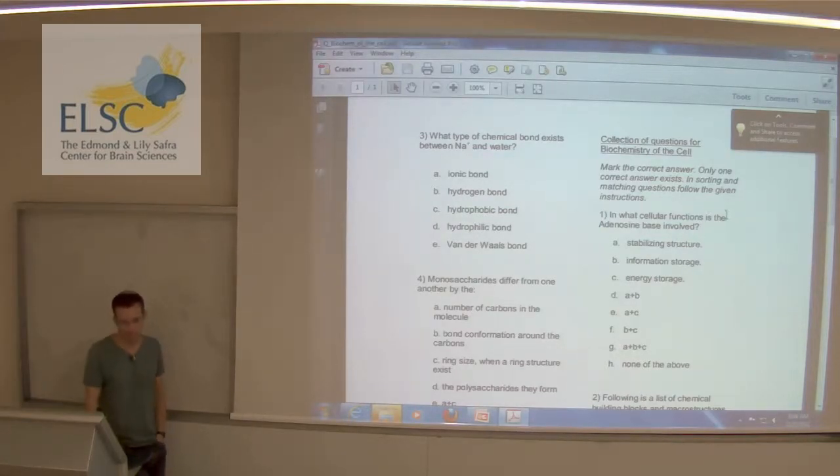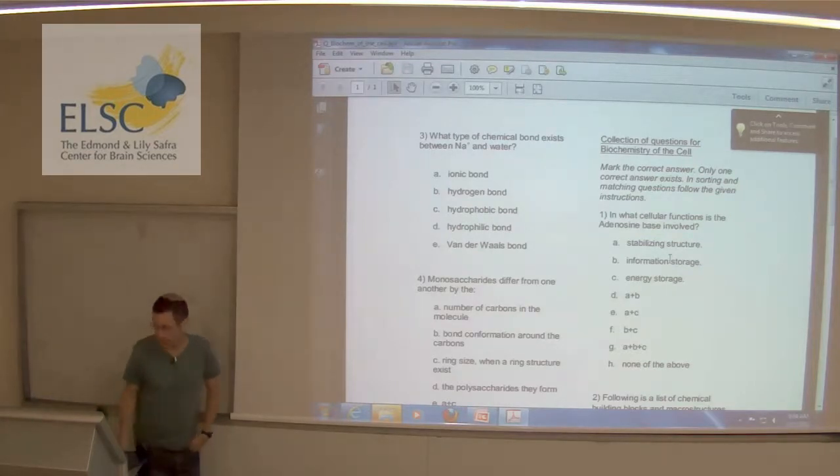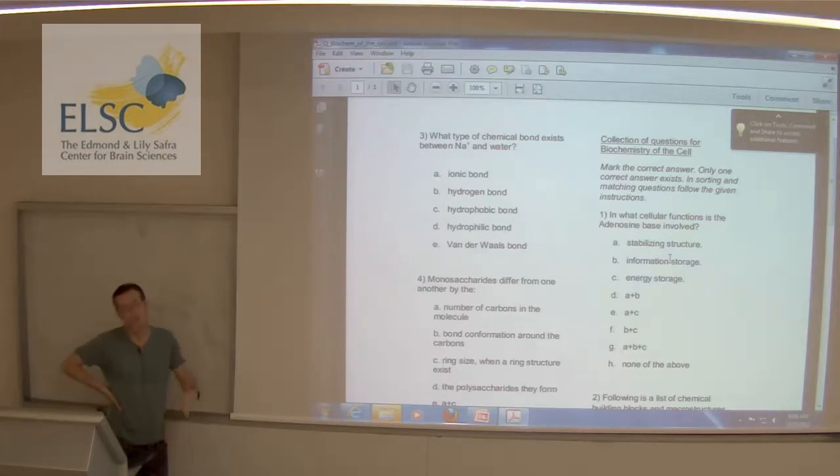What do you think? Okay, let's leave A for a minute. Let's proceed with B, information storage. Is it involved with information storage? In which molecule? It's a nucleotide in nucleic acids, DNA and RNA. Maybe DNA is more information storage, and RNA is more information transition, but it's definitely involved in information storage.